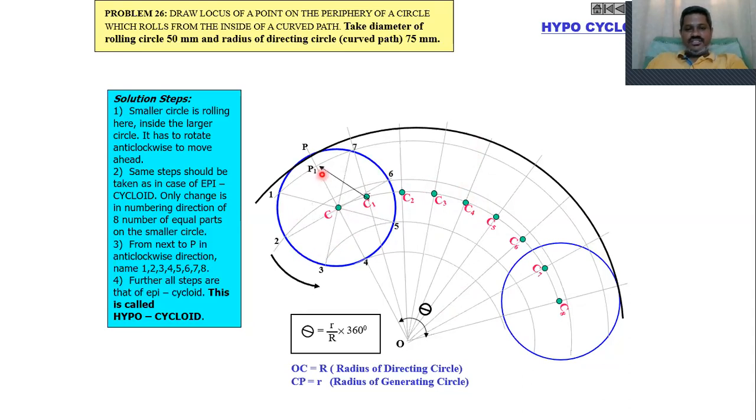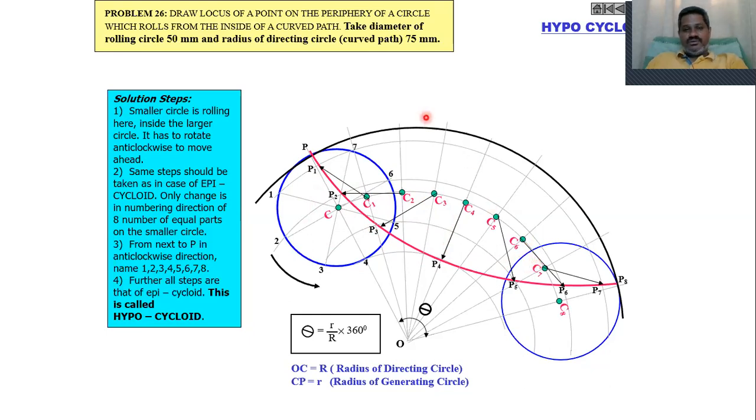With C1 as center, then C2 as center, intersect the second curve, then with C3 as center, intersect the third curve, then C4, C5, C6, C7 and up to C8. Join all these points to get a smooth curve. That curve is called the hypocycloid.